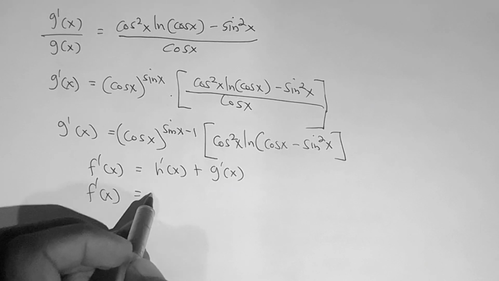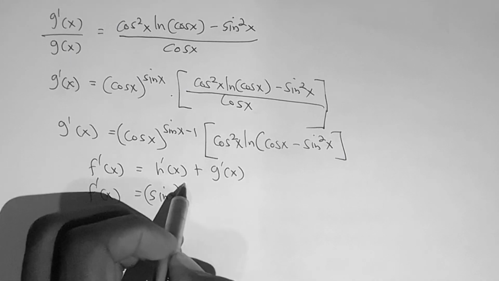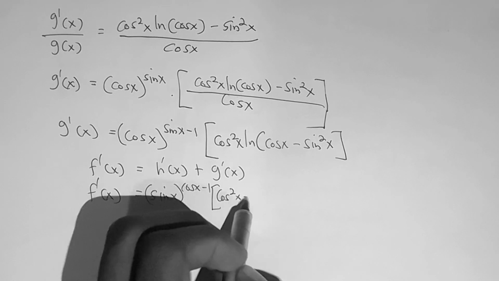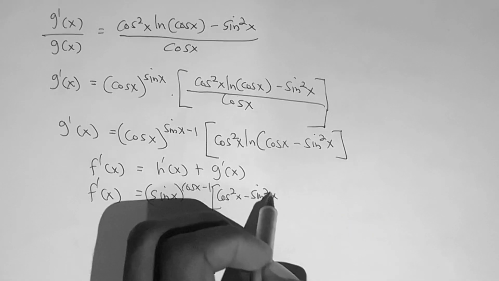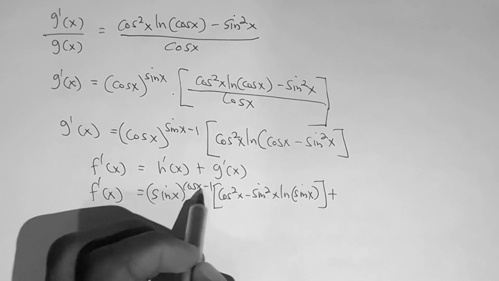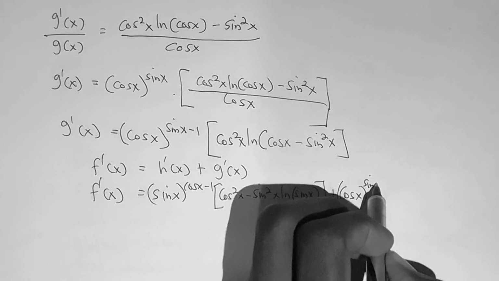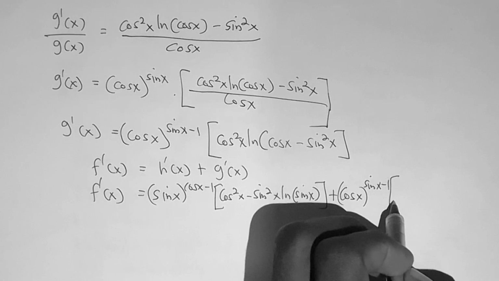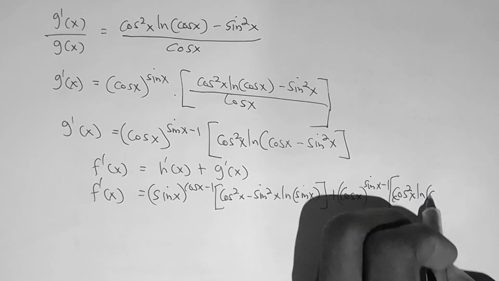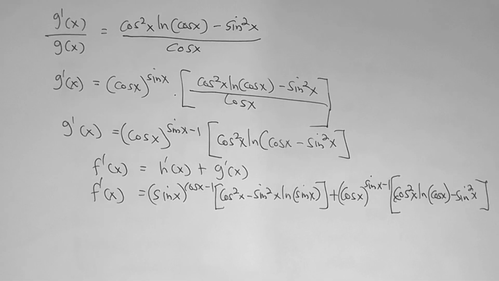H prime of x we got as into bracket sine x exponent cos x minus 1 times into bracket cos squared x minus sine squared x ln into bracket sine x, bracket close, then plus g prime of x, and g prime of x is cos x into bracket exponent sine x minus 1 times cos squared x ln into bracket cos x minus sine squared x. So this is the final answer.